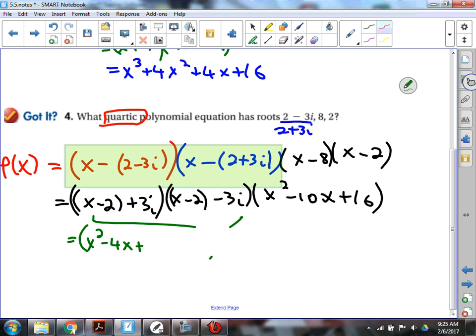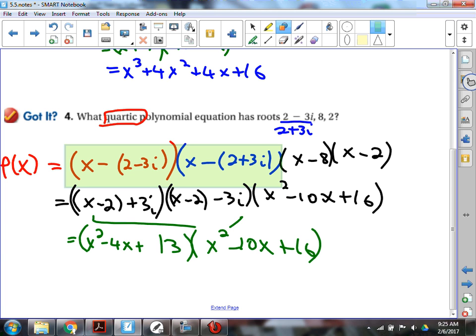So that's actually going to be plus 13. So really it's not too bad, but I skipped about 28 steps in there, and then I still got to multiply all that. So like I said, for tonight, if you could just write it in factored form, I would be more than fine with that.